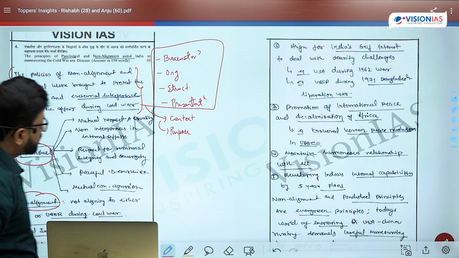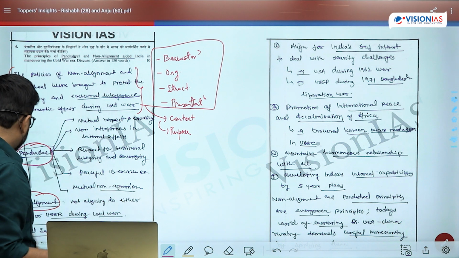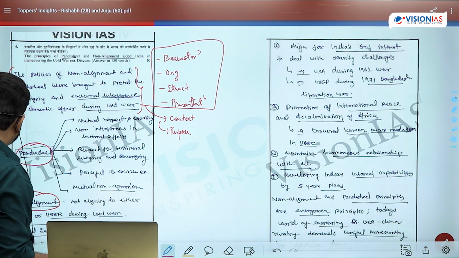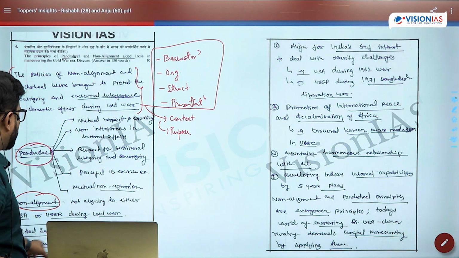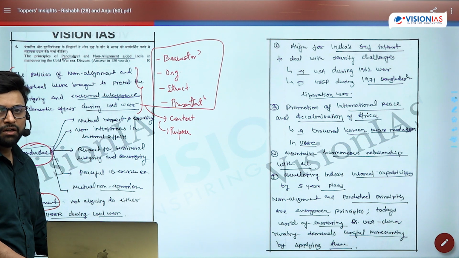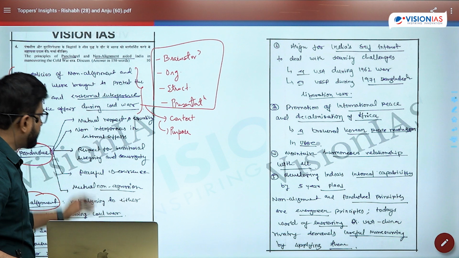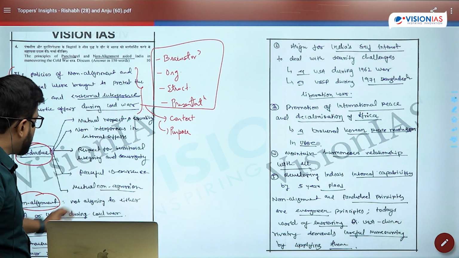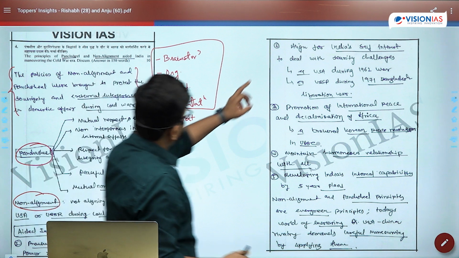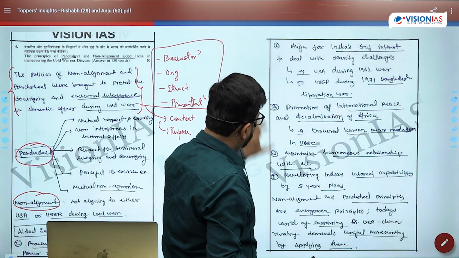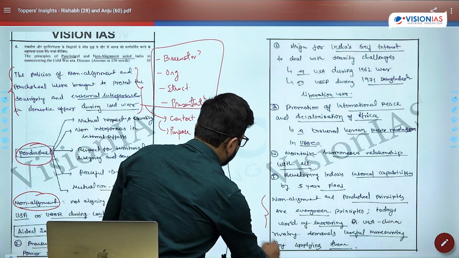Then he has used one subheading where he has mentioned 'aided India in maneuvering Cold War'. This subheading talks about how it has helped India in maneuvering the Cold War, and he has given 1, 2, 3, 4, 5 points, and then he has given a conclusion.